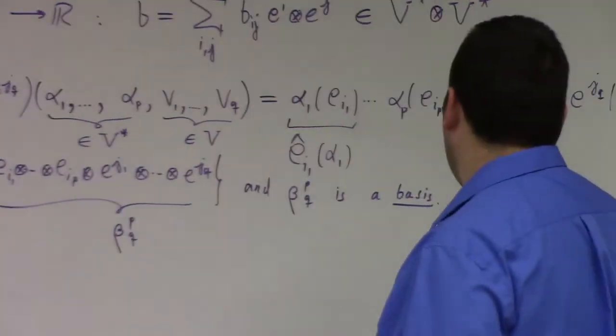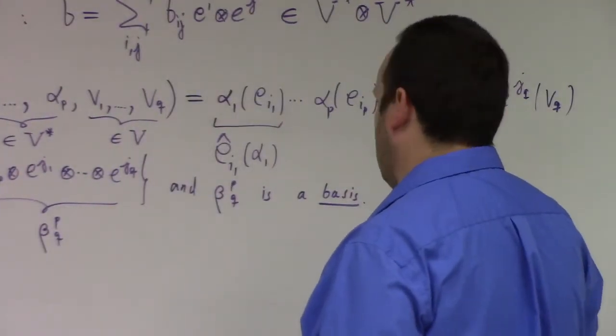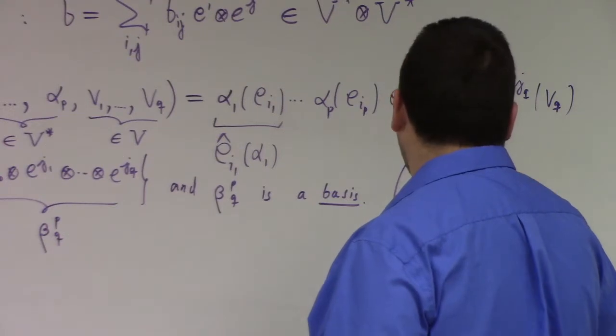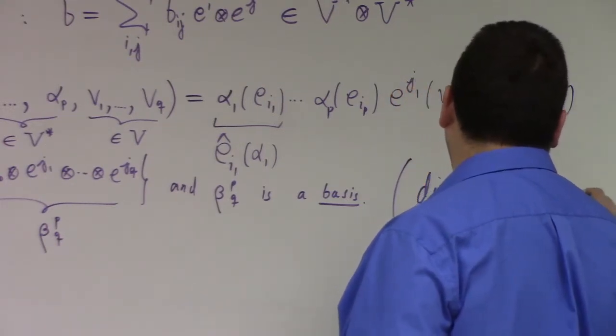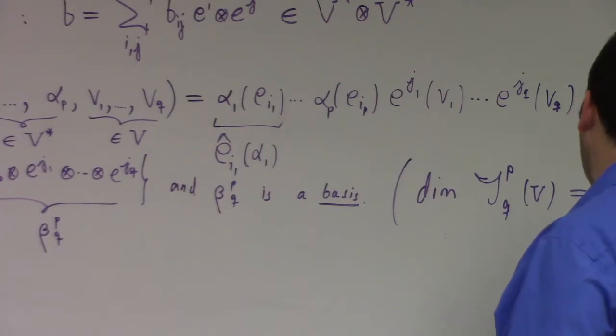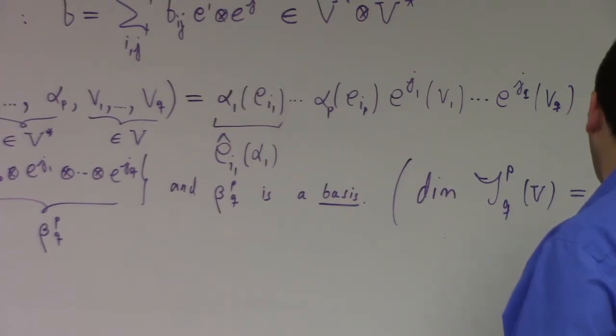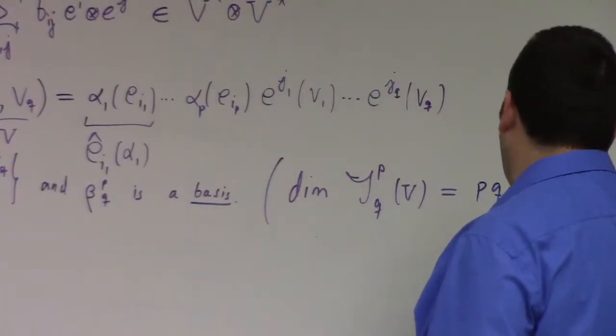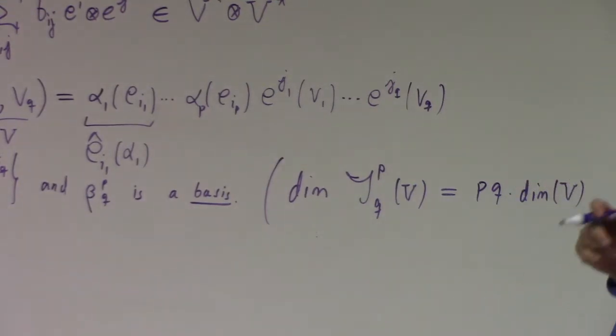So in other words, the dimension of the type PQ tensors over V is what? P times Q times the dimension of V. Wait a minute, is that even right? I'm not sure about that. I don't think that's right either.